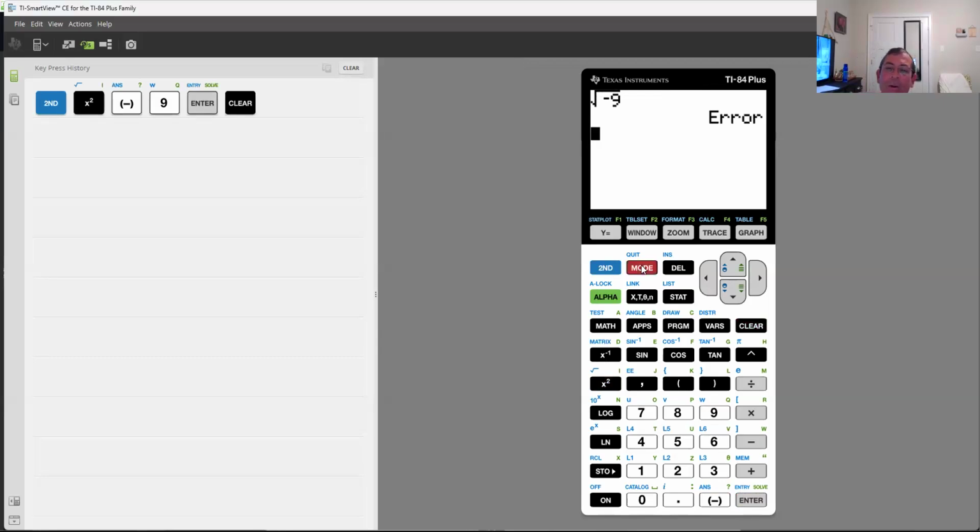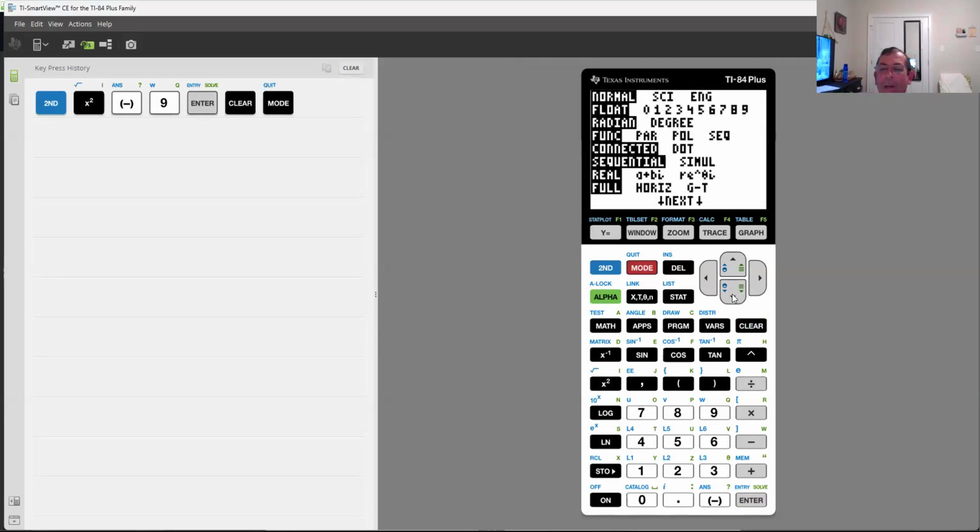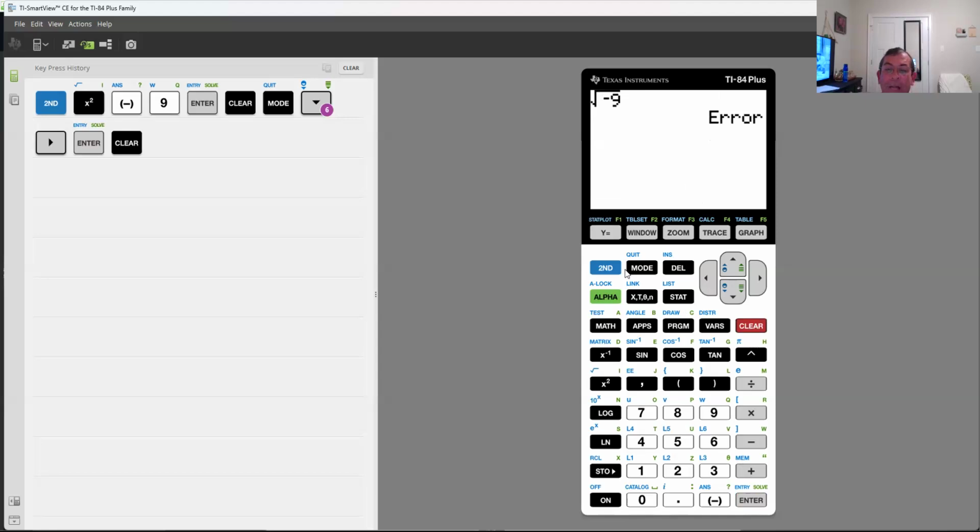If you hit mode, and come down here to where it says real, if I arrow right to this a plus bi, that bi stuff means it'll let you do imaginary stuff. So watch this. Now when I do the second square root of -9, it gives me the 3i.